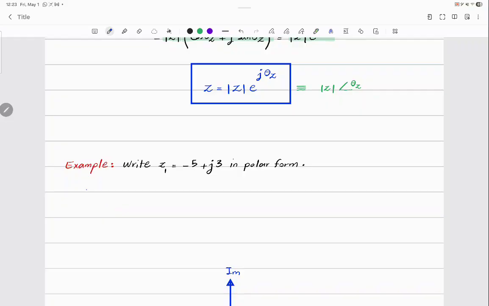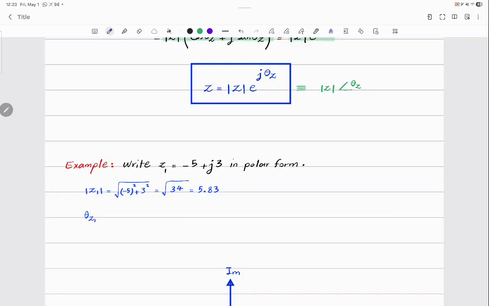Yes, so first I will calculate the magnitude of z1, which is the square root of -5 squared plus 3 squared, and it's equal to square root of 34, which is 5.83. That's what I have. What's next?